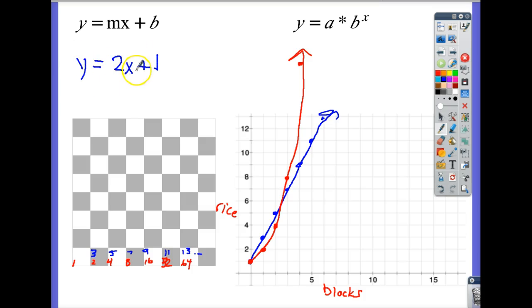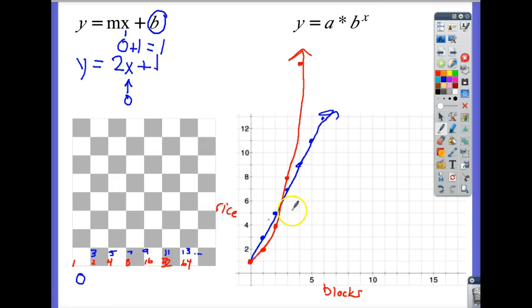Why is it 2x plus 1? Well, that's because if we start on block 0, then x is 0. 2 times 0 is just 0. 0 plus 1 is 1. That's where we start. That's why we know that b is the y-intercept, because when x is 0, that's where we start, and we're just left with whatever b is.